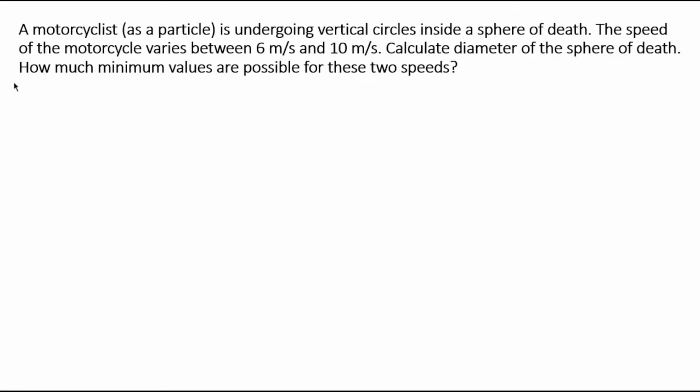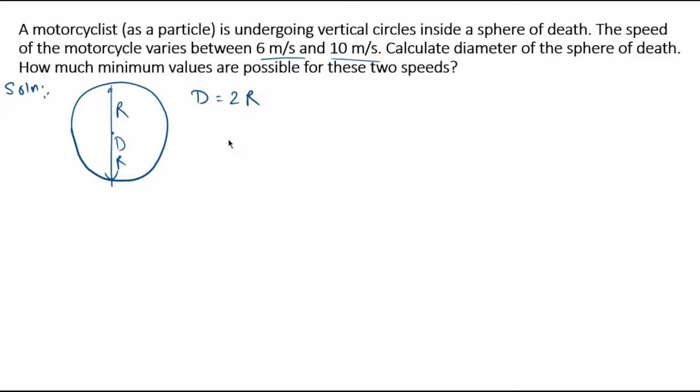So solution, we have been given a vertical circle and let's take this as the diameter of the circle. So the diameter will be twice the radius, so d will be 2 times r, and the range of speed for which the motorcyclist is traversing this circle is given between 6 meter per second and 10 meter per second.